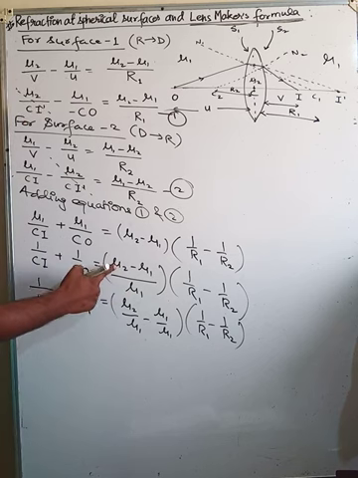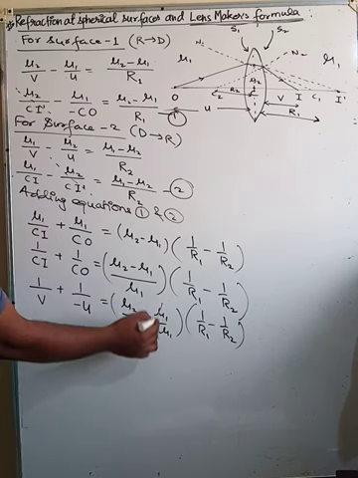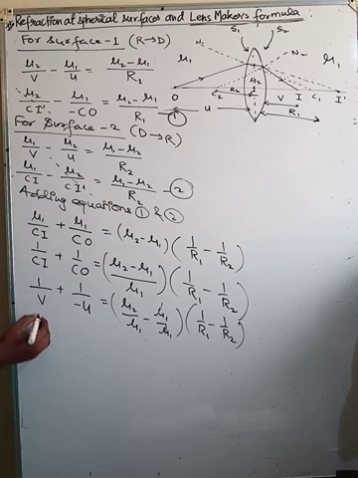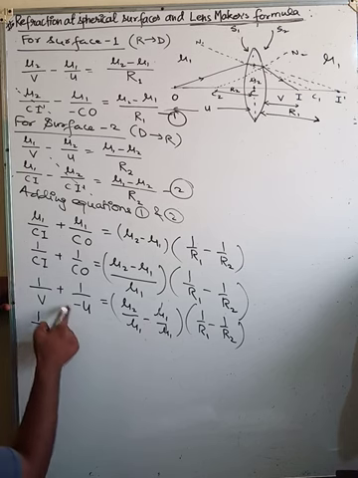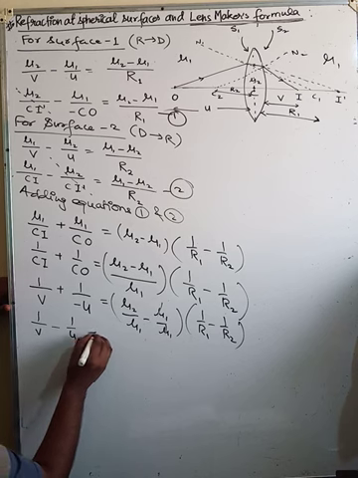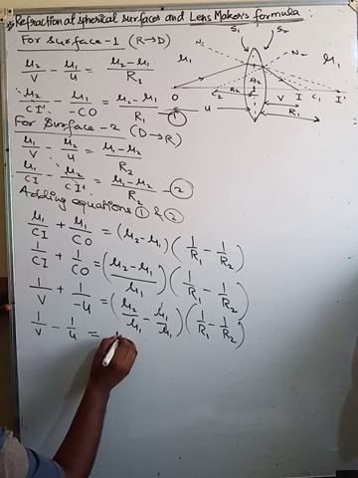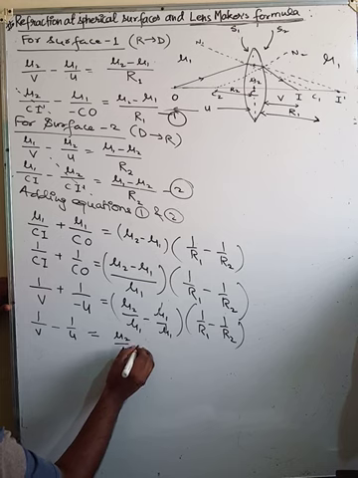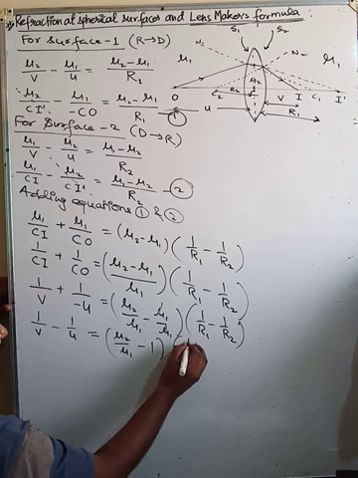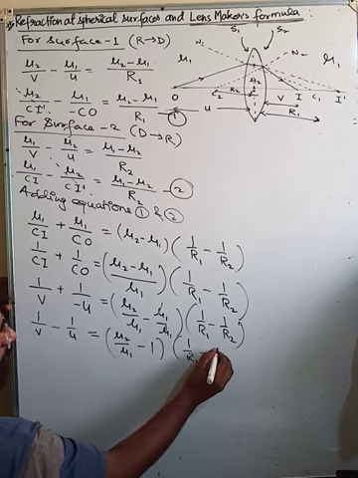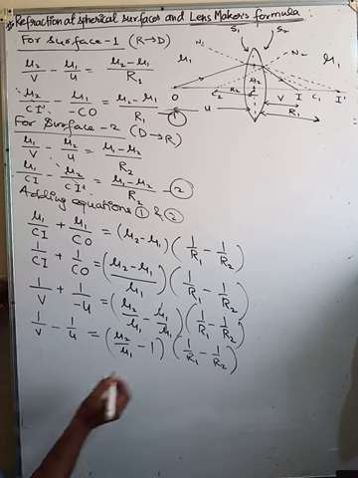So this mu1 and mu1 will be cancelled out. Let us rewrite: 1 upon V minus 1 upon U is equal to mu2 upon mu1 minus 1, times 1 upon R1 minus 1 upon R2.